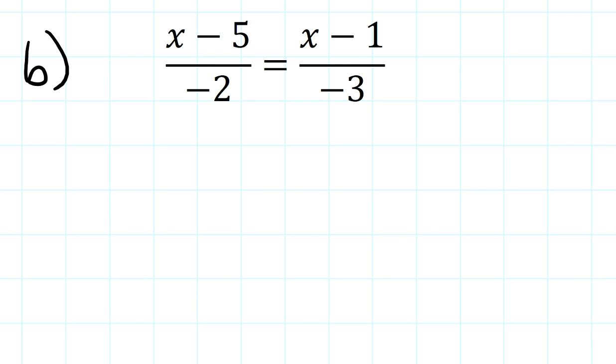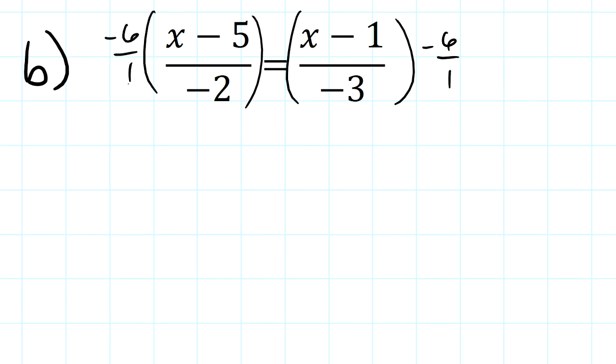I know that multiplying both the left-hand and right-hand side by negative 6 will eliminate these fractions. Again, this is a statement saying these are equal. Assume that these are equal. If they are equal, what's true? Well, if I multiply both sides by negative 6, I get another statement that's also true.